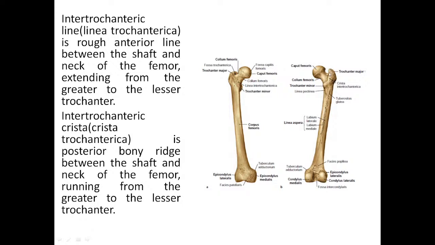The crista intertrochanterica is a posterior bone ridge between the shaft and neck of the femur, running from the greater to the lesser trochanter.